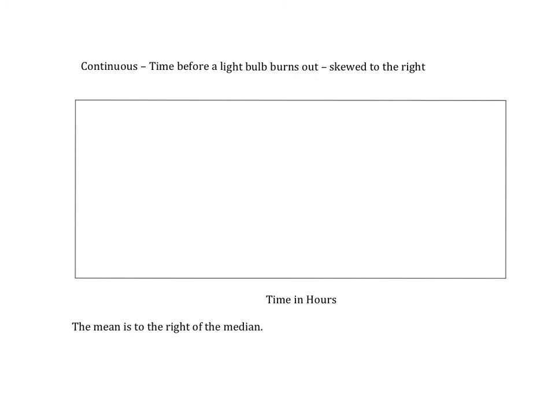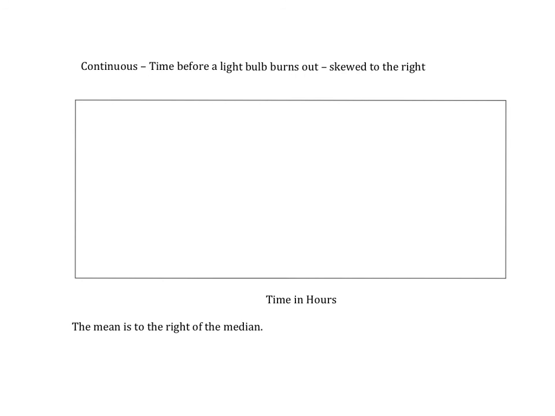And a continuous example might be the time before a light bulb burns out, which would be skew to the right, which means that our tail will be to the right, so less data to the right, which makes sense because we've got a limit to the left side of 0. But in theory, on the right side, a light bulb could last a long, long time.